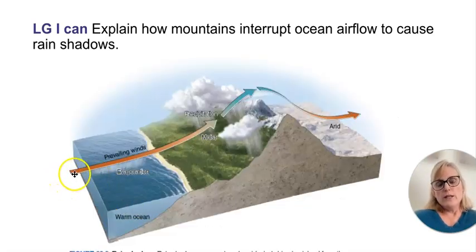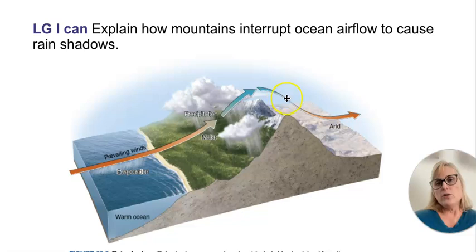So we have wind blowing off of the ocean, and as that wind and air, which is warm and full of moisture, goes up and over the mountains, remember, as it rises, it's going to cool down. It's going to condense into clouds, and it's going to rain because colder air cannot hold as much moisture. So as the air temperature decreases as you rise in altitude to get over that mountain, it's going to rain and drop that moisture.